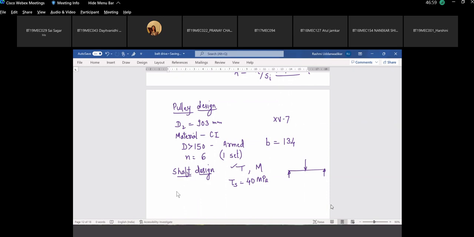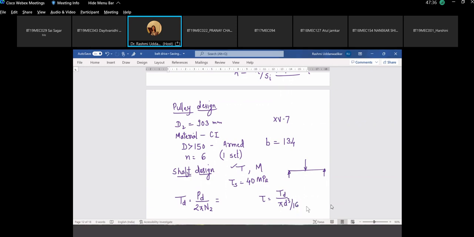So find out the design torque first. We have the design power, so no need to use the service factor again. TD upon omega, 2 pi N2. We are designing it for the larger pulley, and so the RPM of larger pulley. Give me the value of TD, and this shear stress would be equal to this torque upon pi d cubed by 16.